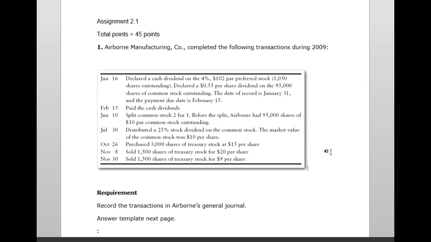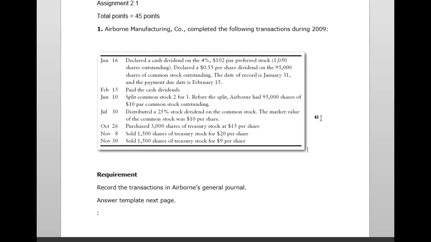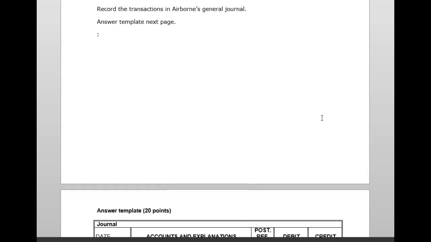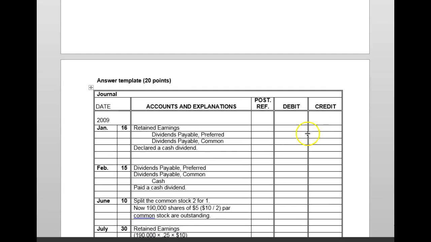So let's look at these numbers. First, you have the preferred stock, and that is a very easy calculation. I'll put it down here.